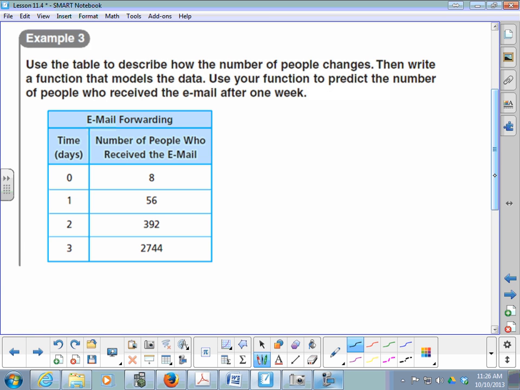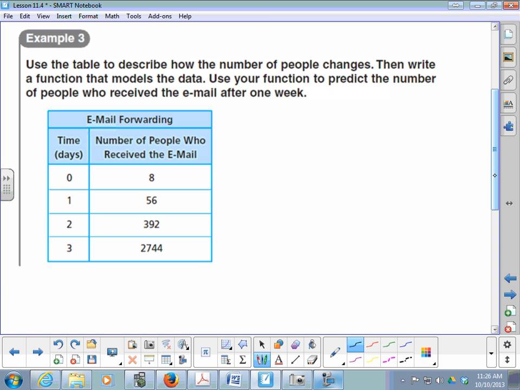Which is easier to check right away, quadratic or exponential? Exponential is easier because with quadratic you have to do differences twice. With exponential you just have to divide. So exponential is actually easier to check because all you have to do is divide. So what's 56 divided by 8?